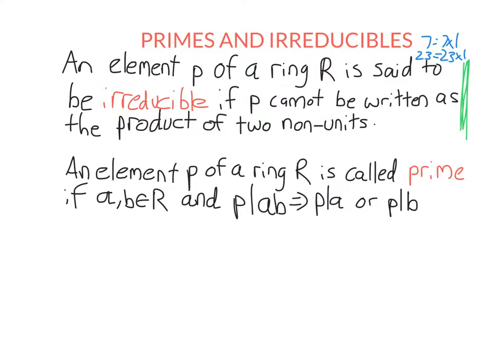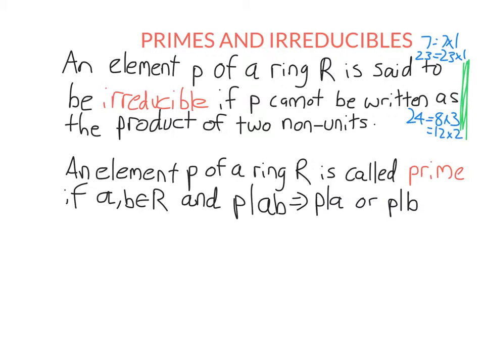We told you a number like 24 was not prime because you could write it as, say, 8 times 3, or you could write it as 12 times 2. You could write it as the product of two numbers other than itself and 1. But that fact alone doesn't mean that 24 is not prime.